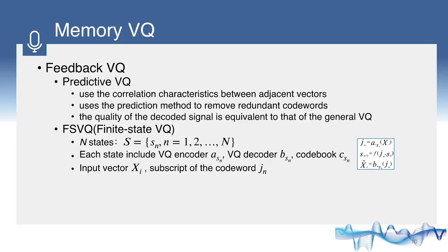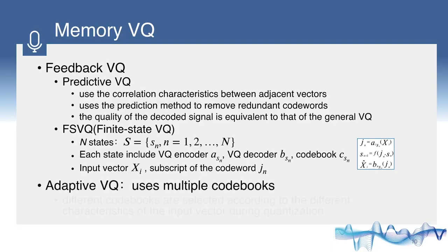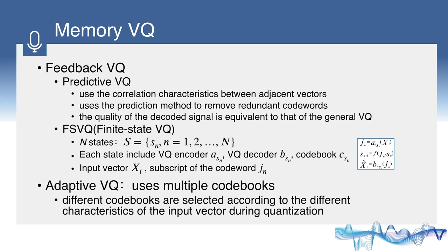In other words, the state of each encoding and quantization is determined according to the previous state and the previous encoding result. Another method is adaptive VQ, which uses multiple codebooks, and different codebooks are selected according to the different characteristics of the input vector during quantization.